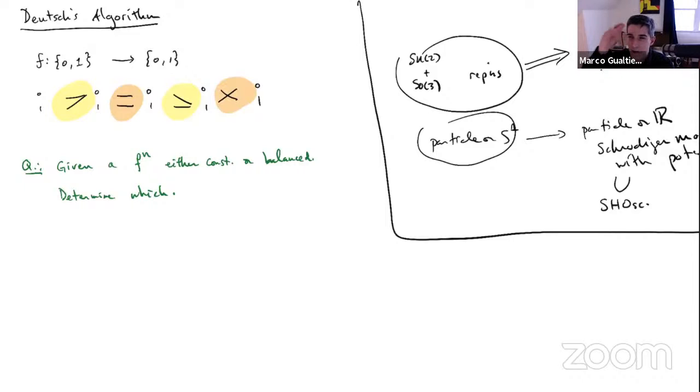The problem that I was getting stuck on was that in higher dimension, if this was a function from {0,1}^n to {0,1}, then some of these functions would be constant, meaning that they would have a constant value. Some of these functions would be balanced, having the same number of 0 and 1 values, but a lot of them would be neither.